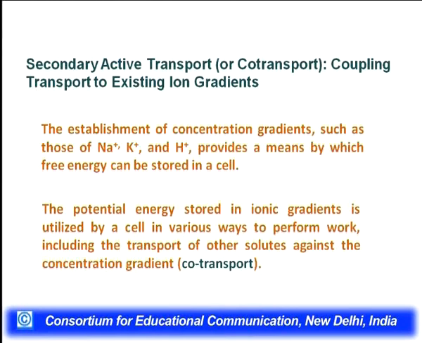So this is just one example by which the ionic gradient created by the primary active transport, and the free energy stored in the cell, is utilized. It is used for the transportation of other solutes, other molecules or other ions across the plasma membrane also, and therefore it is termed the co-transport mechanism.